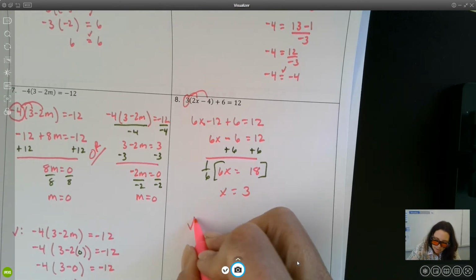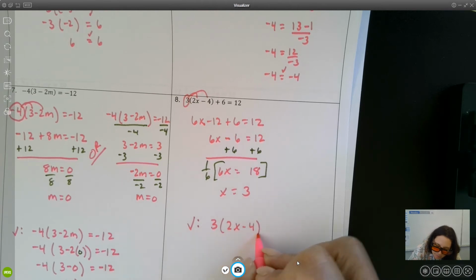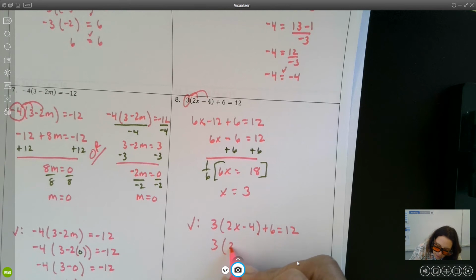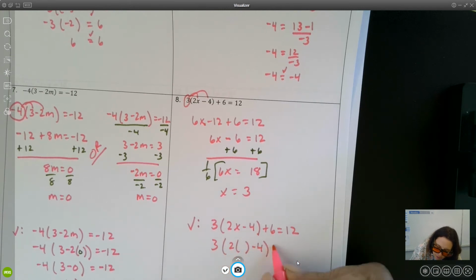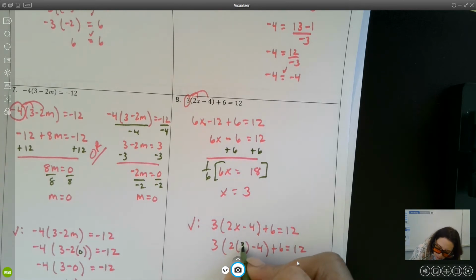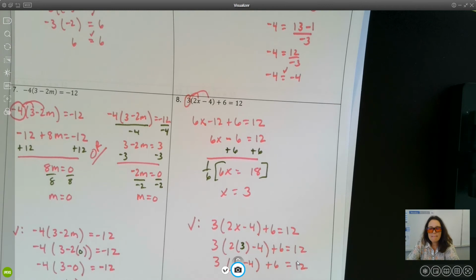Let's do a check. Write the original problem down. In place of the x, you're going to pop in a 3. So 3, this would be 6 minus 4.